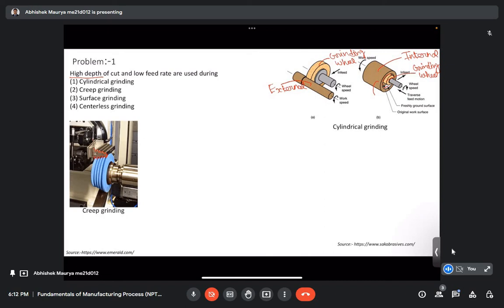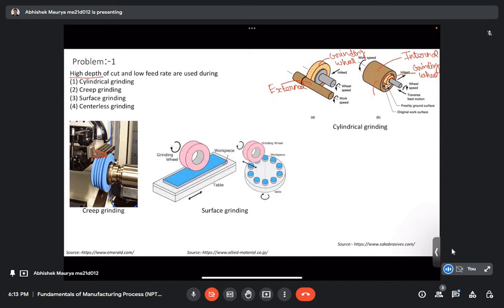So let's come to the next grinding process, that is the surface grinding. Here we have a surface. This is the workpiece, and we want to improve the surface finish of the top surface of the workpiece. And here we have a grinding wheel, and with the help of this grinding wheel we are just trying to improve the surface finish of the top surface of the workpiece.